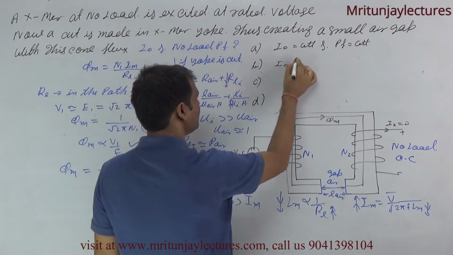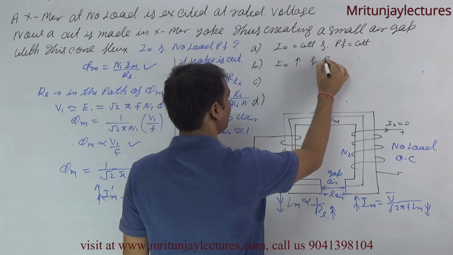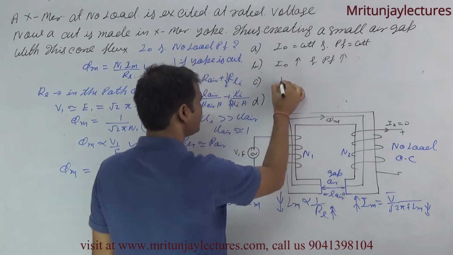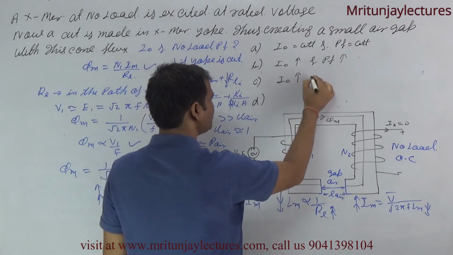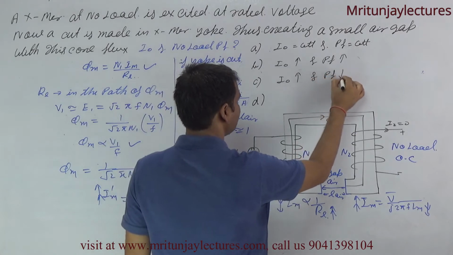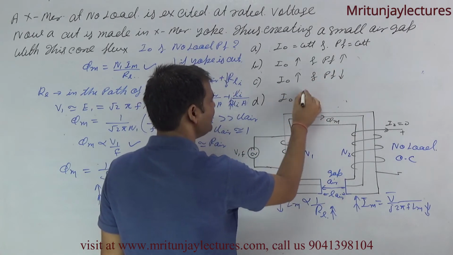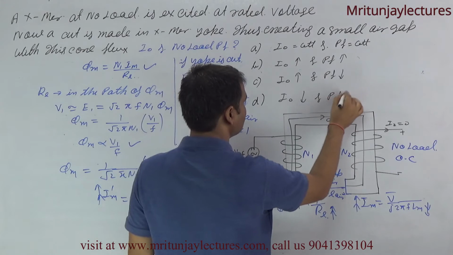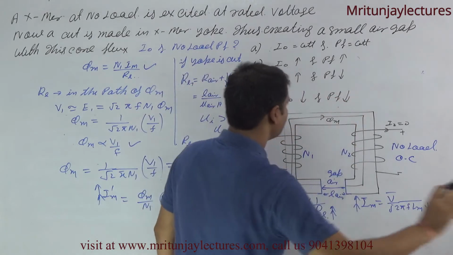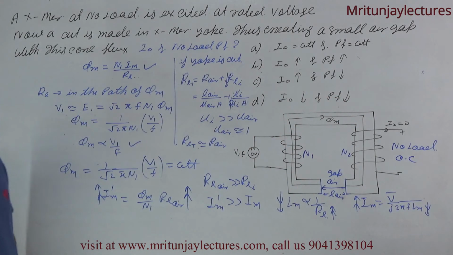Second, I0 increases and power factor also increases. Third, I0 increases and power factor decreases. Fourth, I0 decreases and power factor decreases. There are 4 options. Okay, how can we resolve it?